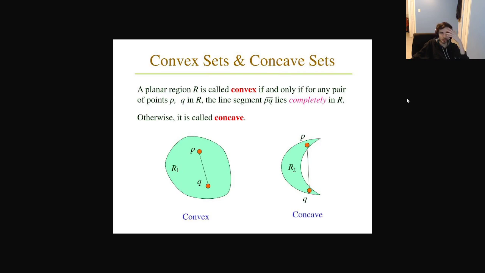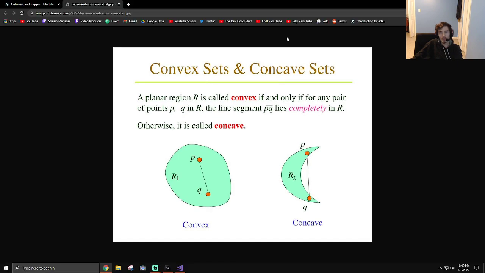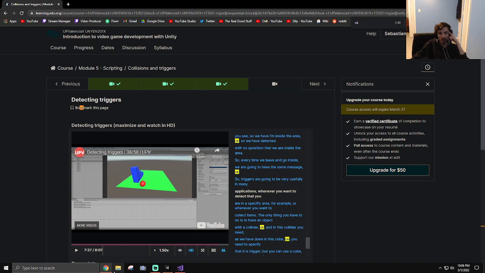What the heck am I trying to say? Not graphs. You know what I'm trying to say. On the left, there's no line you can draw from an edge to another edge that will not exit the shape. On the right, you can. Alright. No, thank you. I would not like to do that.